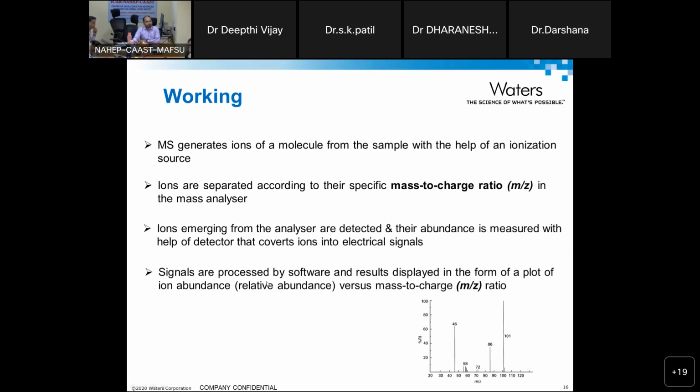These signals are then processed by the software, and the results are displayed in the form of a plot of ion abundance, that is relative abundance, versus mass to charge ratio. So in the MS graph, on the x-axis you have m by z values, that is mass to charge ratio, and on the y-axis you have the ion abundance of those specific m by z masses.